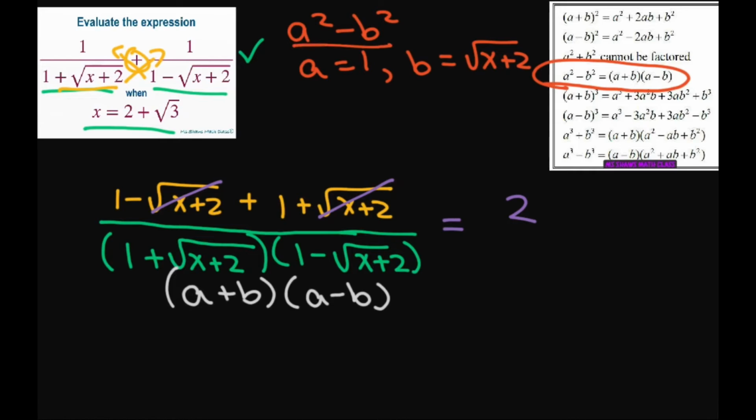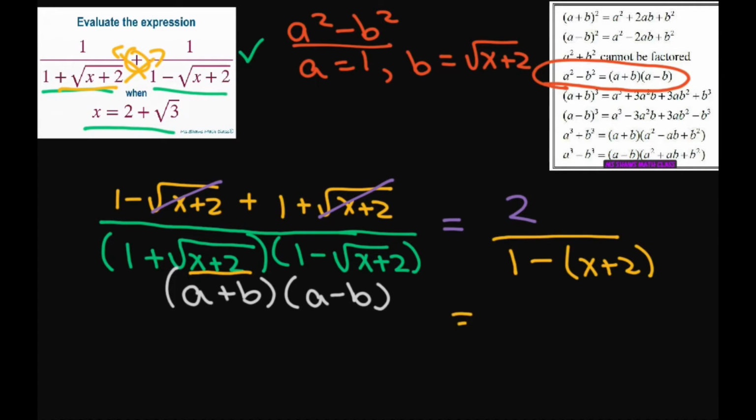So substituting that in, a is 1, so that's 1 squared, put a minus, and then you're going to square b. So that's just going to be 1 minus x plus 2.